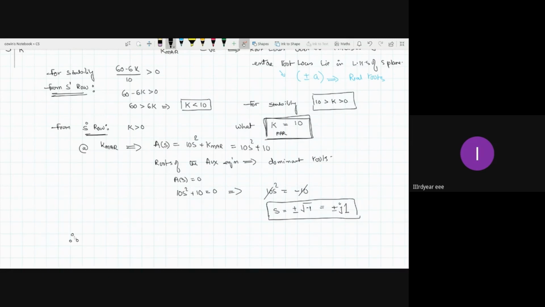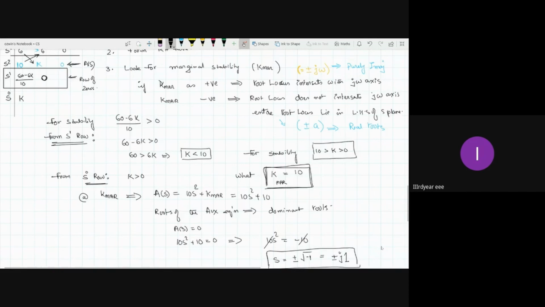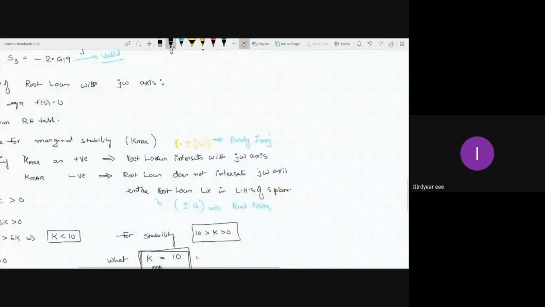So what is the conclusion? The root locus cuts the j omega axis at plus or minus 1 value. That means this is your intersection point with the j omega axis. So that's the 7th rule.